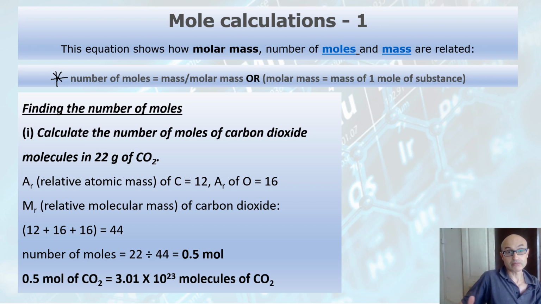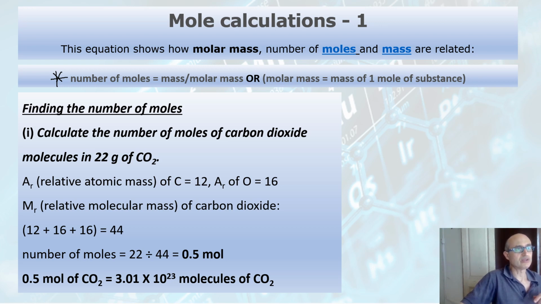Now this might seem, what on earth is he saying? Well, this is really expressed in the first calculation. Let's reason this out step by step and then we'll test it. Let's look at the first calculation. Calculate the number of moles of carbon dioxide molecules in 22 grams of carbon dioxide. It's the first calculation in chemistry using moles and converting those moles into a mass, okay, of the substance.